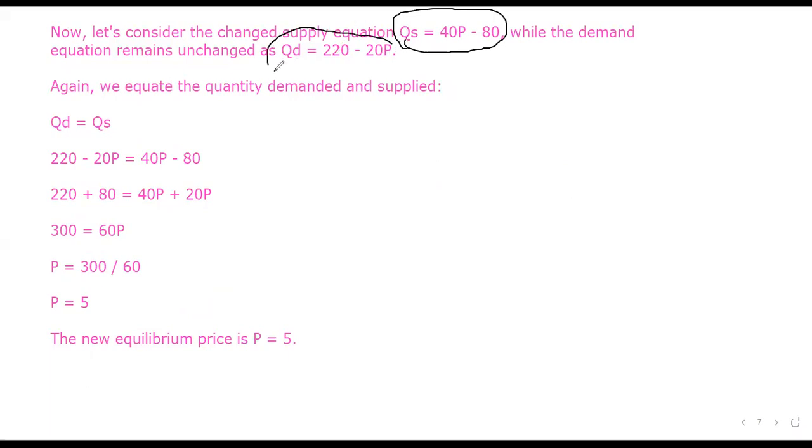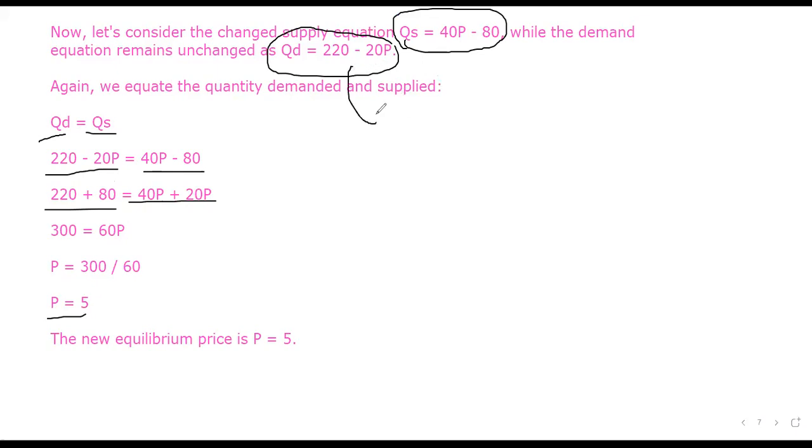Match it against the old demand. Demand is equal to supply. So 220 minus 20p, and now the new 40p minus 8. With the 20p there, the 220 subtract there, this is 60p. This is 300. When you divide by 60, you're going to get P is equal to 5. That's how we got the 5.